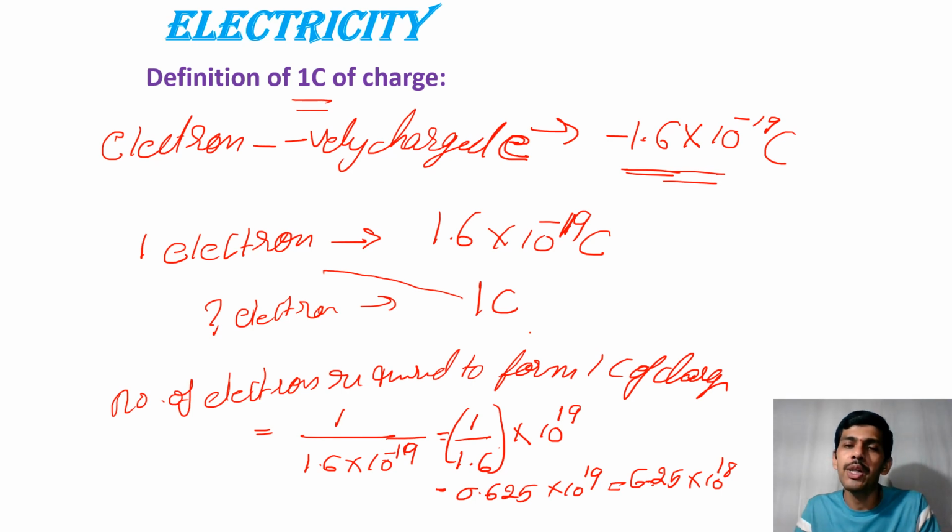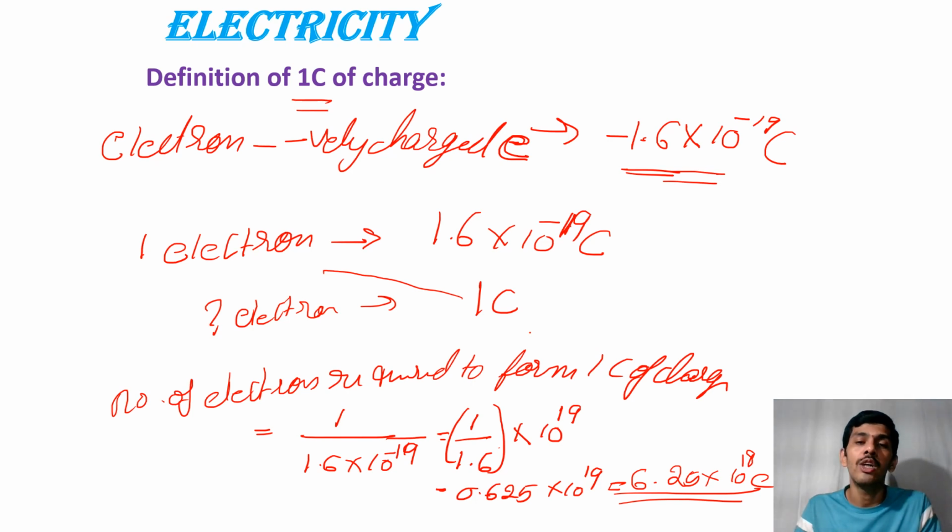So it is 6.25 into 10 to the power of plus 18 electrons. That many electrons are required to form a charge equal to 1 coulomb.